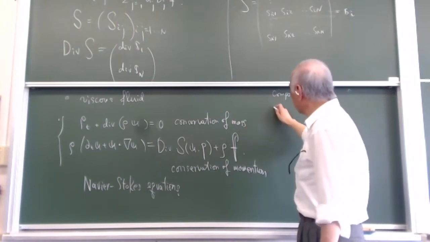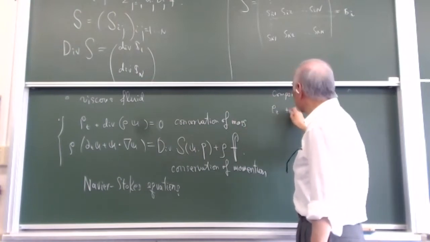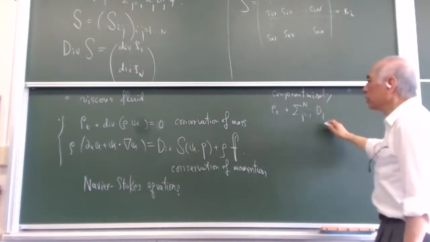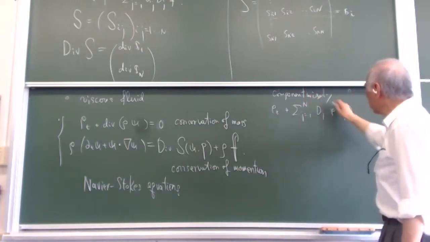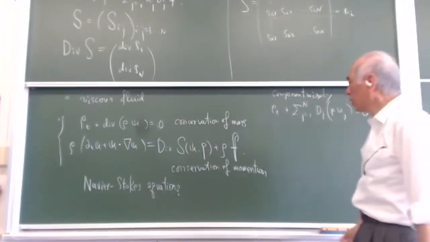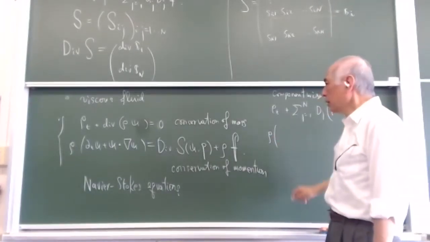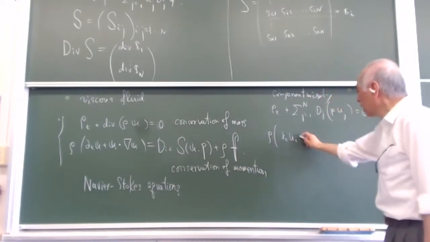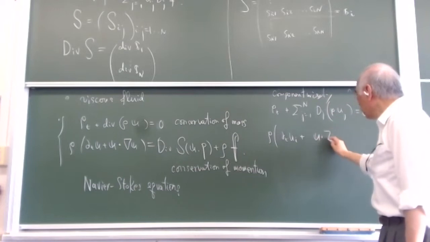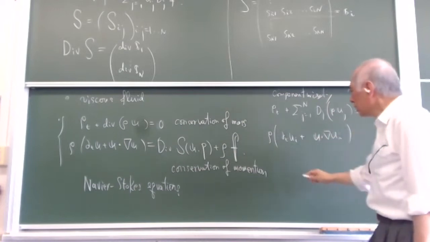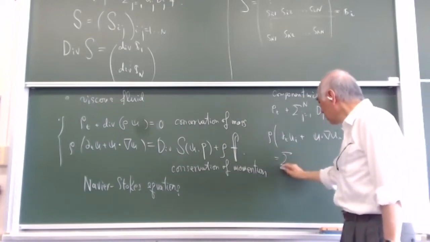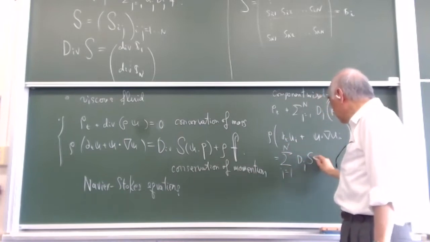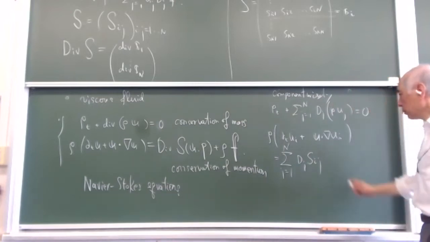So the first equation is dt rho plus the sum over j of d_j of rho u_j. And the second equation, for each component, is rho times the material derivative of u_i equal to the sum over j of d_j S_ij plus the forcing term.